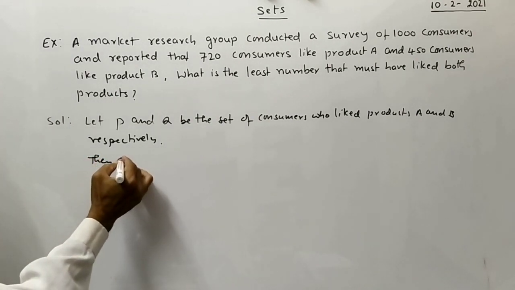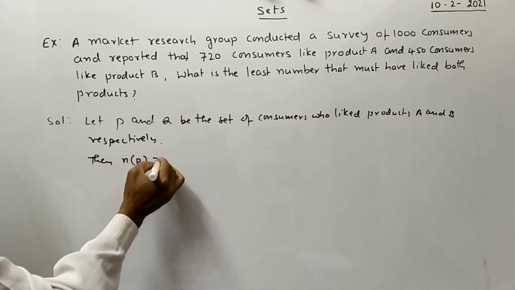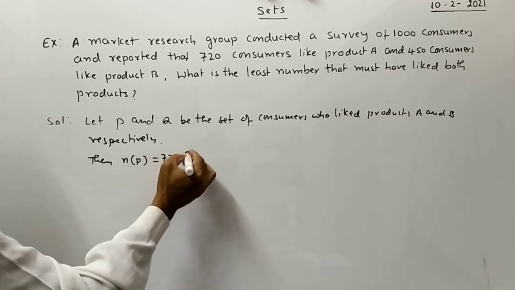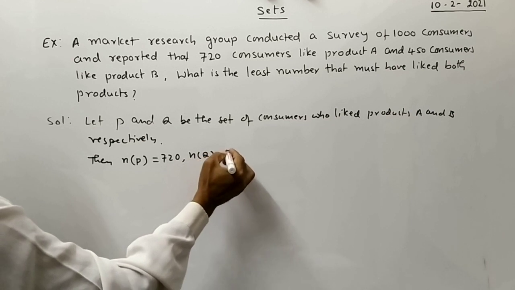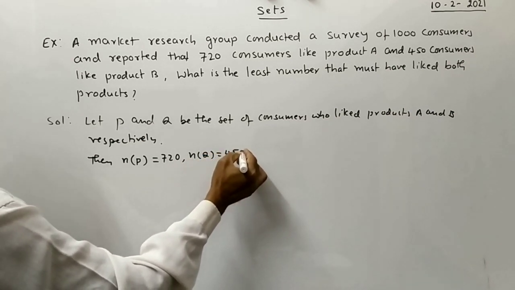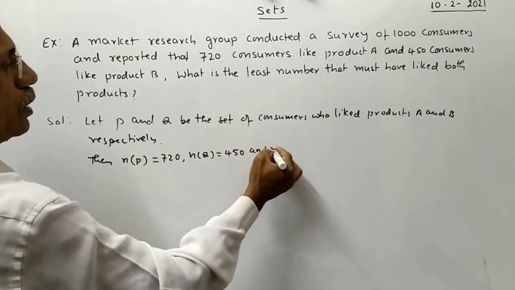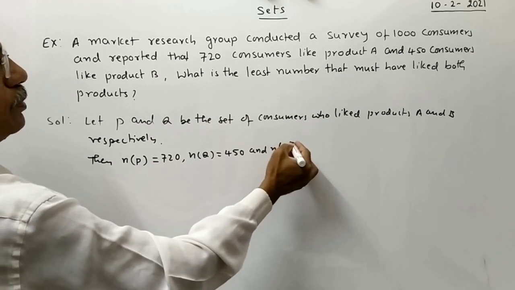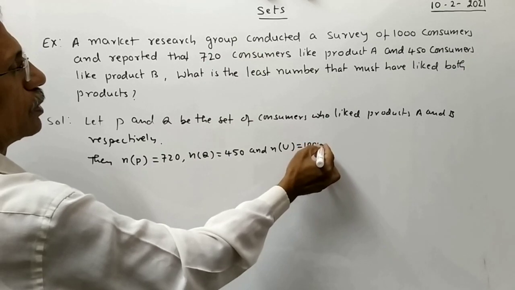Then number of elements of P is equal to 720. Number of elements of Q is equal to 450, and number of elements of U is equal to 1000.